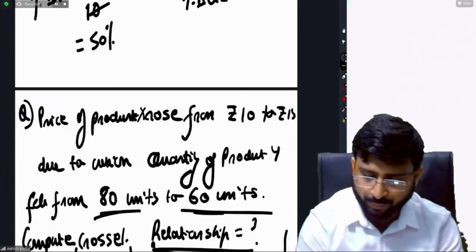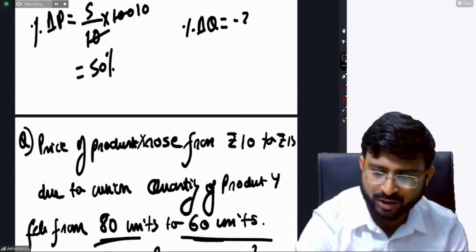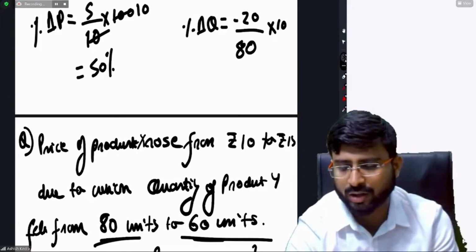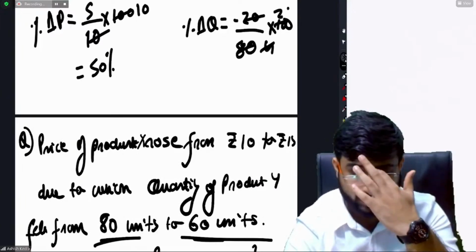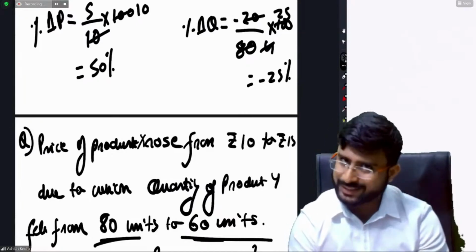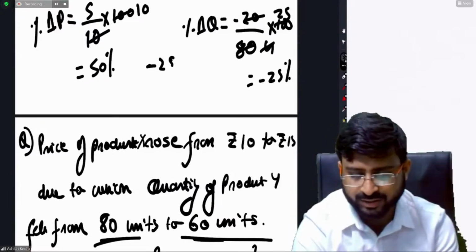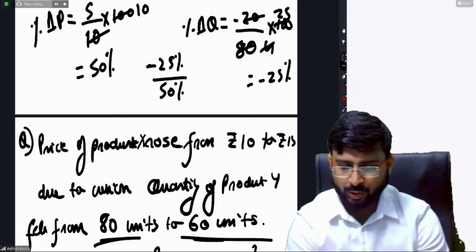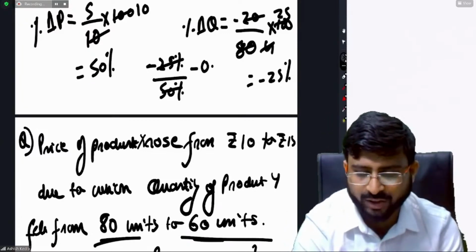It fell from 80 to 60. So change in quantity is 20. Original quantity is 80, into 100. So it has fallen by 25%. So cross elasticity is minus 25% divided by 50%, so it is minus 0.5.